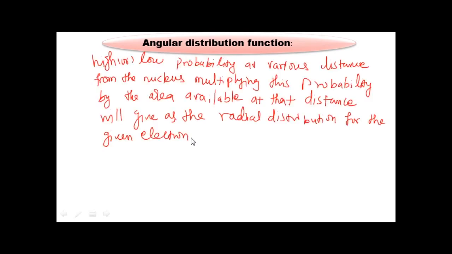So the next one is the angular distribution function. What is the angular distribution function? Angular distribution is nothing but the higher or lower probability at various distances from the nucleus. Multiplying this probability by the area available at the distance will give us the radial distribution for the given electron.